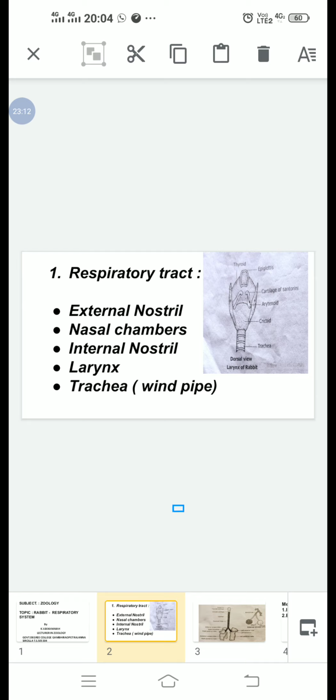The hairs present in the nasal chamber function as a filter for dust particles in the air. The third part is the internal nostrils, the fourth the pharynx, the fifth the larynx, and the sixth the trachea or windpipe.